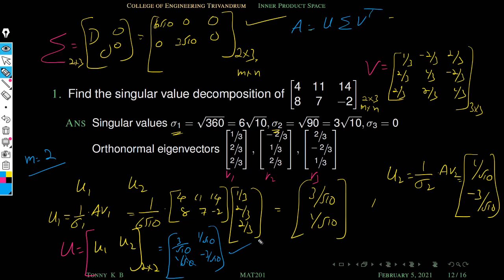This is our U and this is our sigma. This is our V. You substitute here V transpose. Then U sigma V transpose gives A. You can verify it. This is the idea of singular value decomposition. Clear?